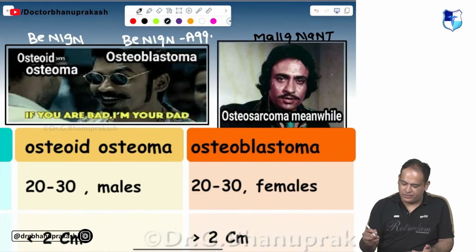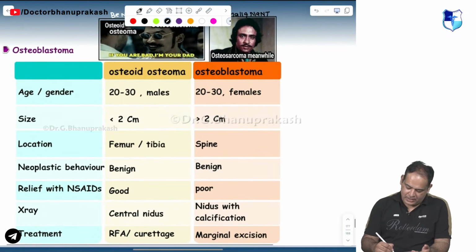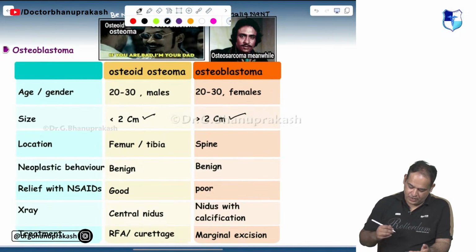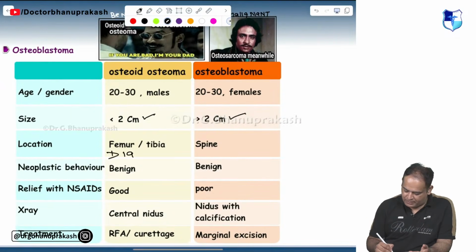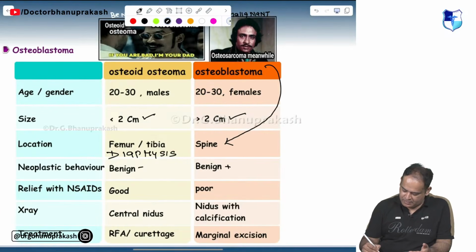Now, that is a way to remember this tumor. Osteoid osteoma less than 2 centimeter, osteoblastoma more than 2. Location, femur and tibia diaphysis, osteoblastoma, spine. Neoplastic behavior, benign plus aggressive growth, fine.